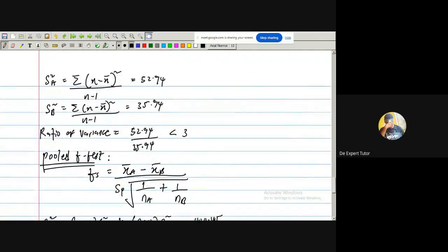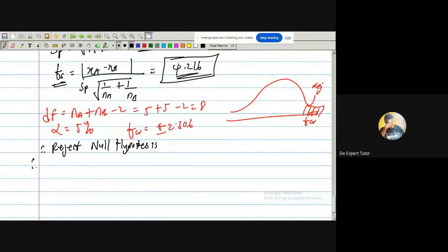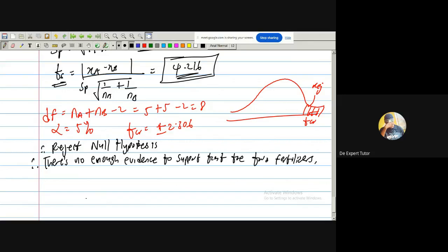So you say, therefore, there is not enough evidence to support that the two fertilizers, A and B, are the same on their level.